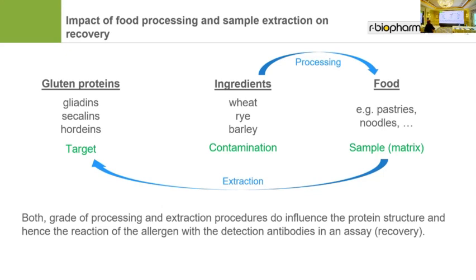They are, as we have heard before, aggregated with a matrix. We have to use harsh chemicals to extract it from the matrix because the target of an assay is the protein. The gluten proteins actually here with the R5 antibody, the prolamins, gliadins, secalins, hordeins, depending on where they come from. Both the grade of processing and the extraction procedure do influence the protein structure and therefore the recovery of antibodies.